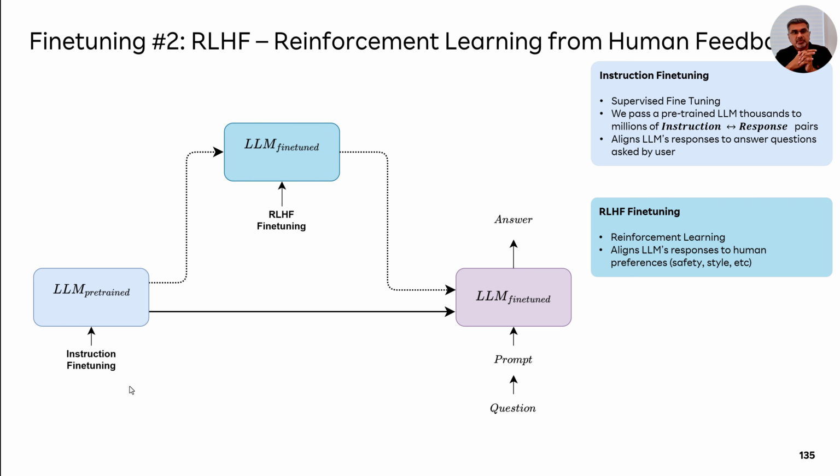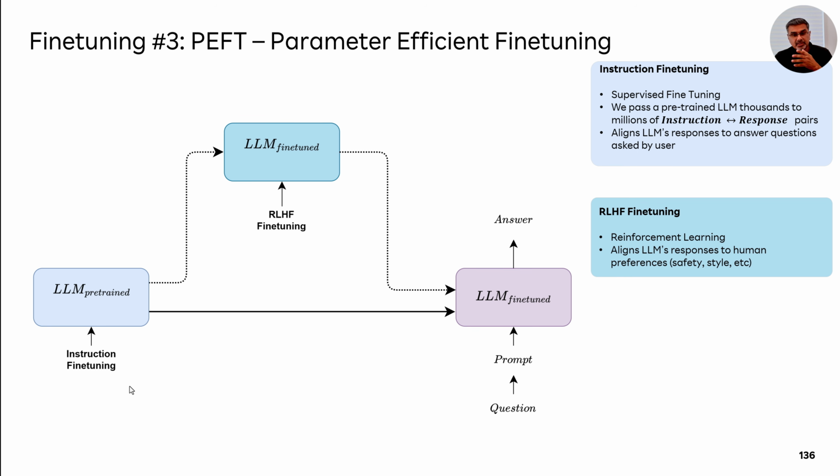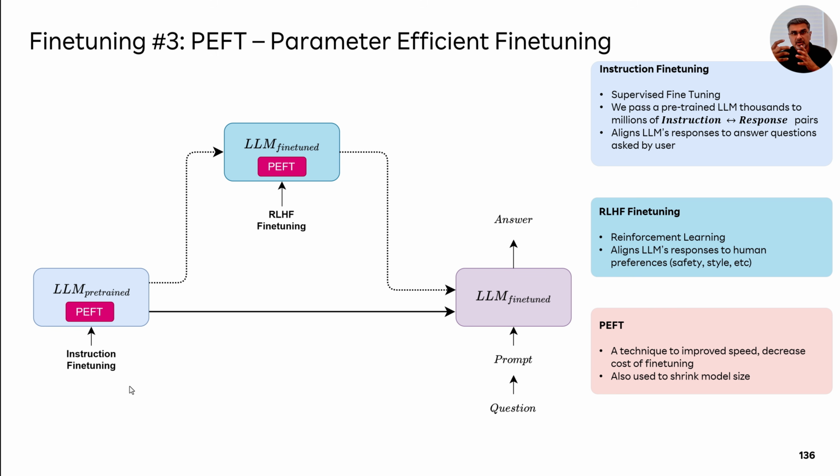For example, if somebody were to ask a question that could be answered tersely, but the response is pretty dangerous, let's say somebody asks, I'm feeling really lonely and down right now, you don't want the instruction fine-tuned model to propose solutions that could be harmful to this individual, right? So you want to further fine-tune an instruction fine-tuned model based on human preferences. That is called reinforcement learning based on human preferences or human feedback. So that's another type of fine-tuning.